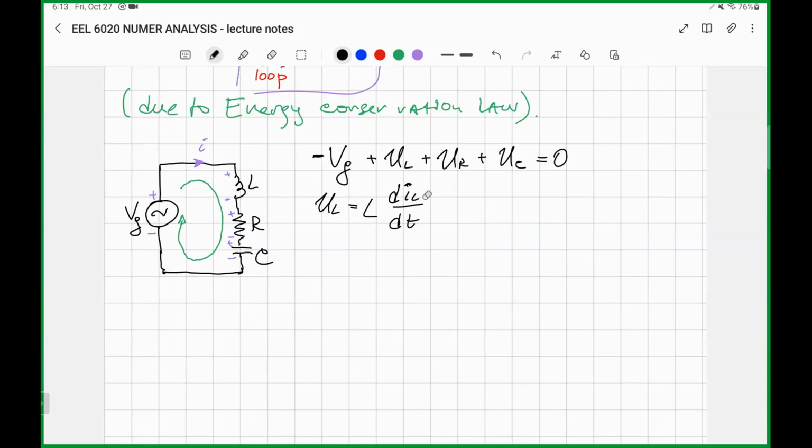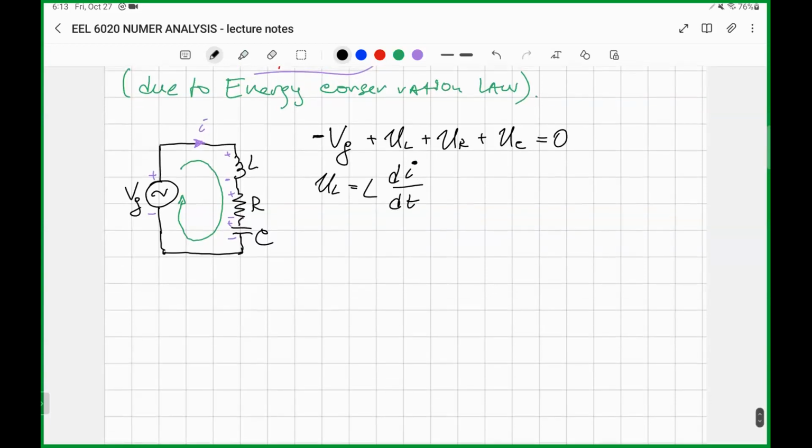So I remove this index L and write just the current I. Similarly, for the resistor, I have current I times R. And finally, for the capacitance, we have this integral formula, 1 over C, and then the integral from 0 to t of the current that goes through this capacitor.